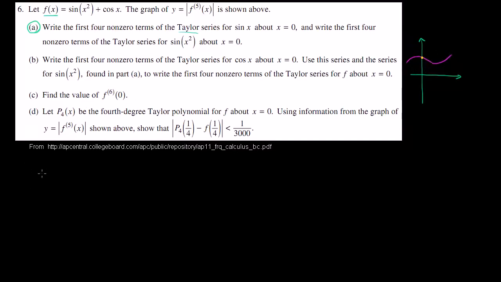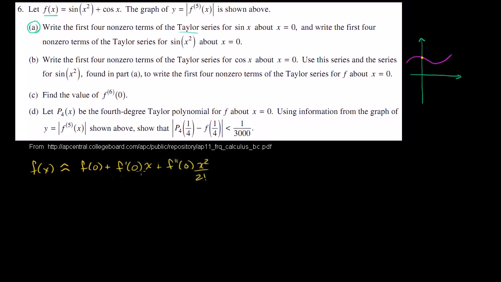So let's remind ourselves, if I have f of x, I can approximate it with its Taylor series, and if we center that approximation around 0, it'll be equal to f of 0 plus f prime of 0, the derivative at 0, times x, plus the second derivative at 0 times x squared over 2 factorial.